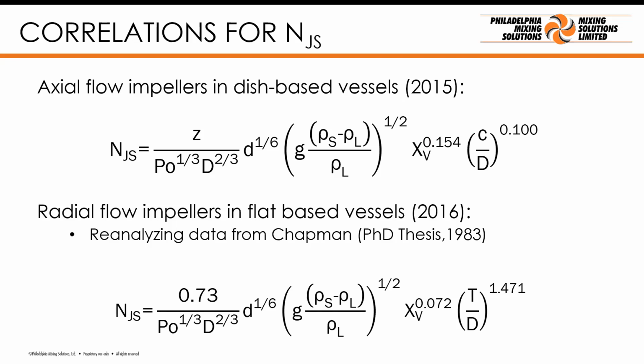Okay. So if we take the correlation and rewrite it, we've got the just suspended speed, power number of the impeller, diameter of the impeller, size of the particle, density difference. Now we're looking at the volume fraction of the solids, not the weight fraction of the solids, and a weak dependency on C, the distance of the impeller above the base of the vessel. And for Rushton turbines, the geometrical dependency is different.